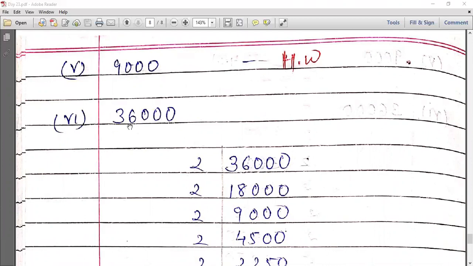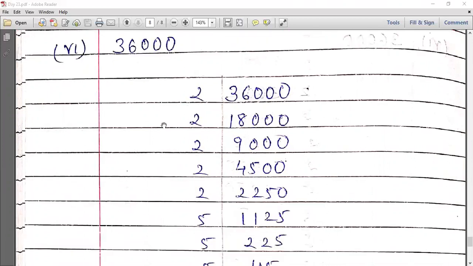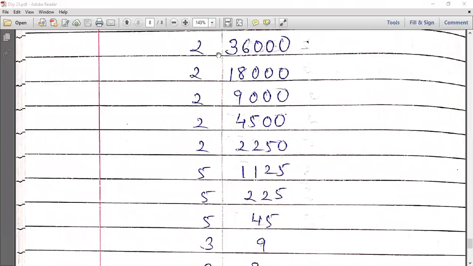Part 6 is 36,000. So you can see 36,000, I have first solved it with 2. 2 1s are 2, remaining 1, 2 6s are 12... 2 8s are 16, 3 zeros as it is. 2 9s are 18, 3 zeros as it is. 2 4s are 8, 1 0, 2 5s are 10, 2 zeros as it is.